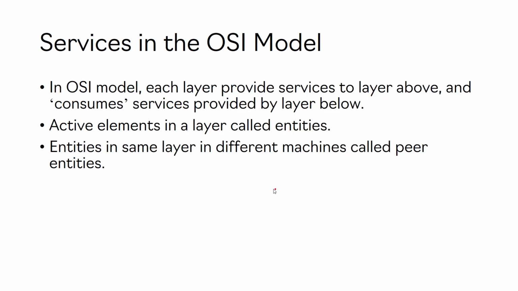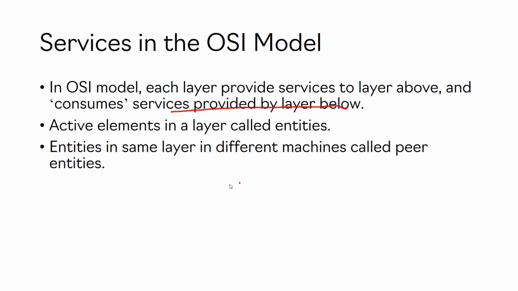So we quickly want to look at what the services in the OSI model are, and look at each of the layers as they overlap. We've seen that each layer performs a particular function. The protocols of each layer are meant to perform a particular function, but there is something we need to understand: each layer provides services to the layer above it and consumes services produced by the layer below it.